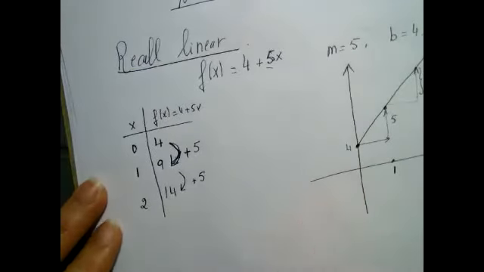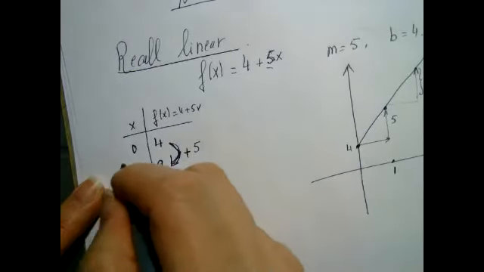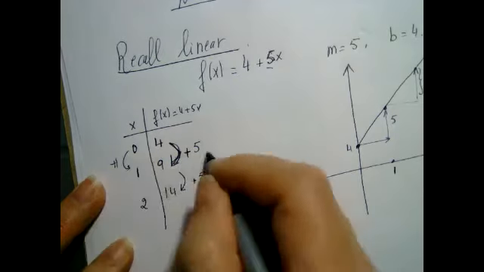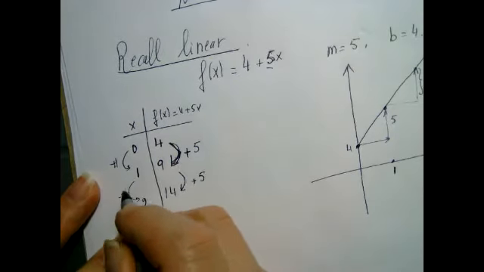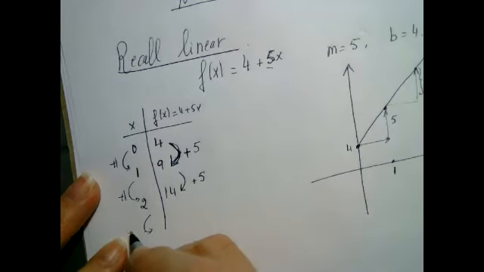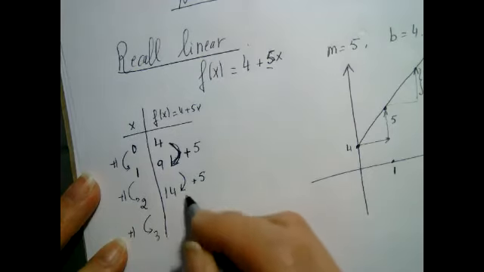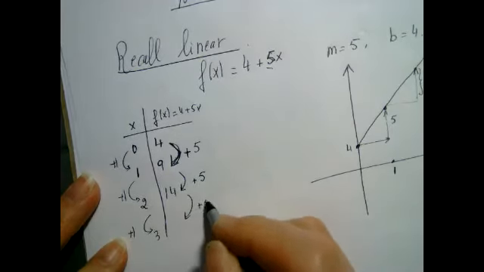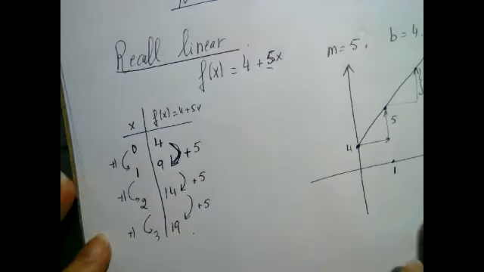Addition is important in this. From here to here, we go by 1, we go by 5. We go by 1, we go by 5. And if we go by 1 again, we go up by 5, which gives me 19.